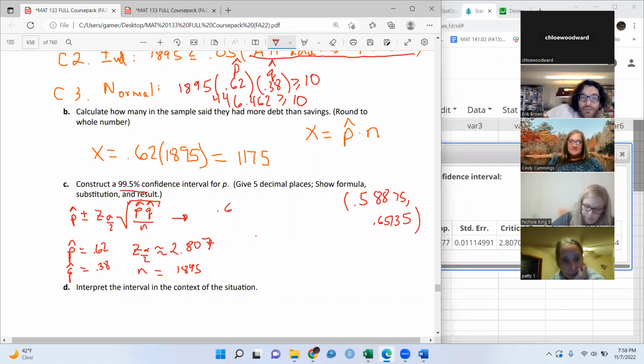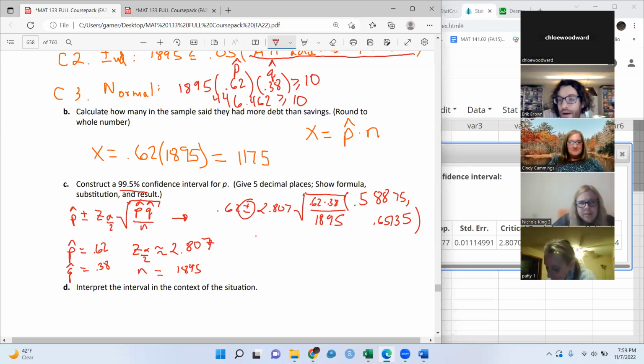The one thing I've seen students do when they write it out like this is they try to smash this in their calculator and inevitably screw something up. I tell them, don't even think about putting it in your calculator. It's doable, but one of the problems is this is misleading.